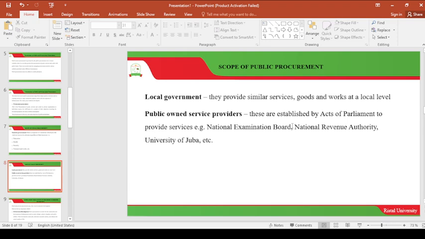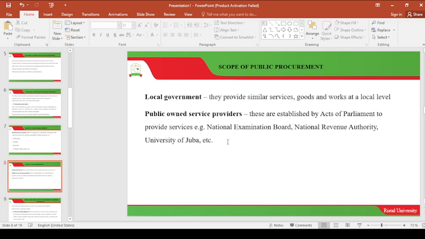In other words, the National Examination Board is a government body aimed at guiding schools on education. Then another is the National Revenue Authority, a government body tasked to collect taxes and revenues for the government.